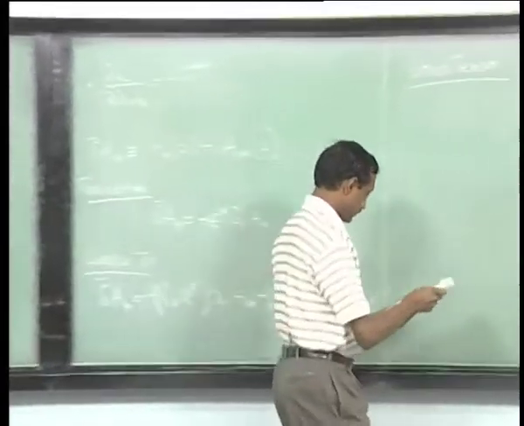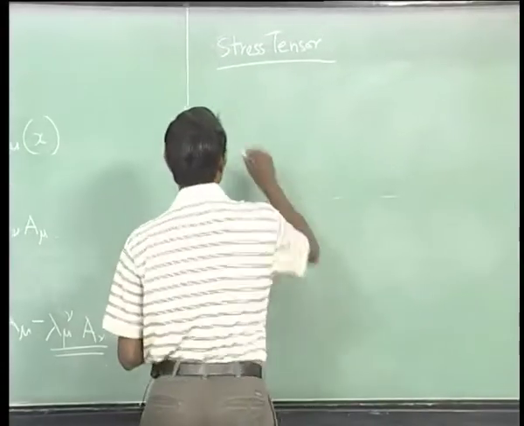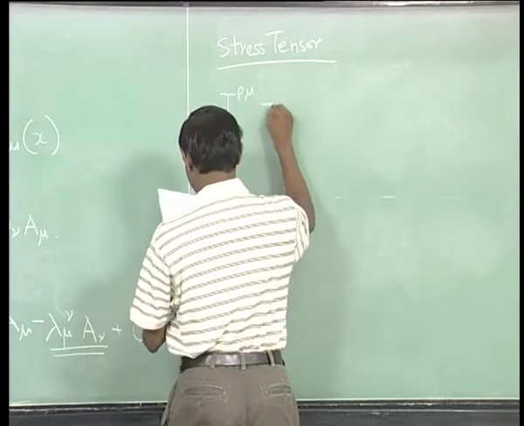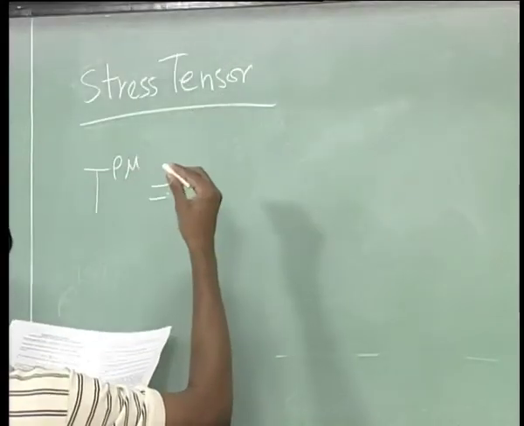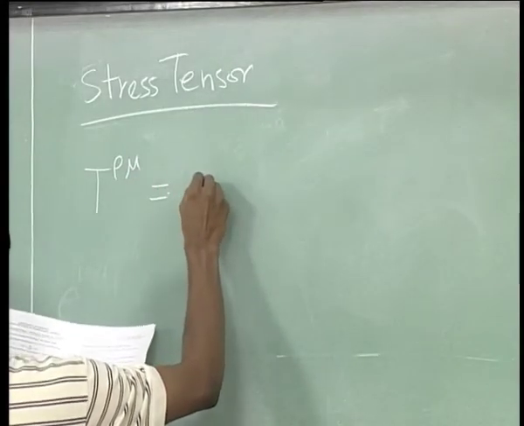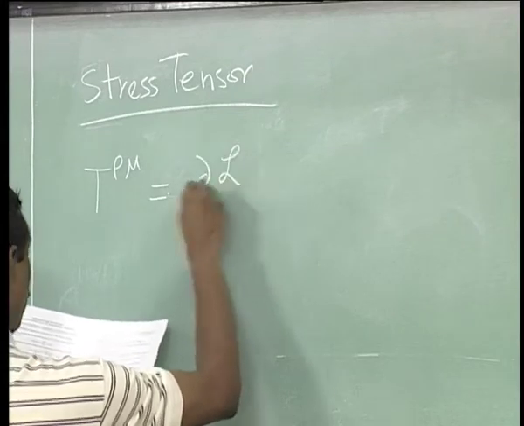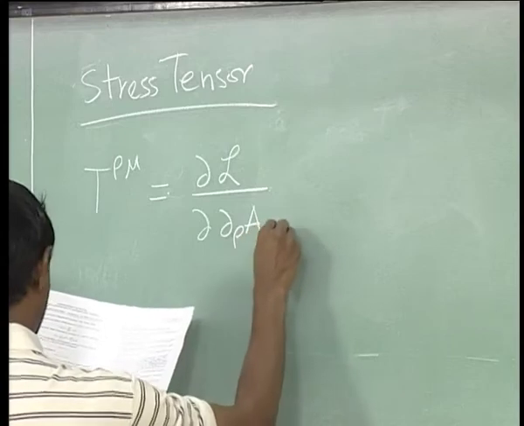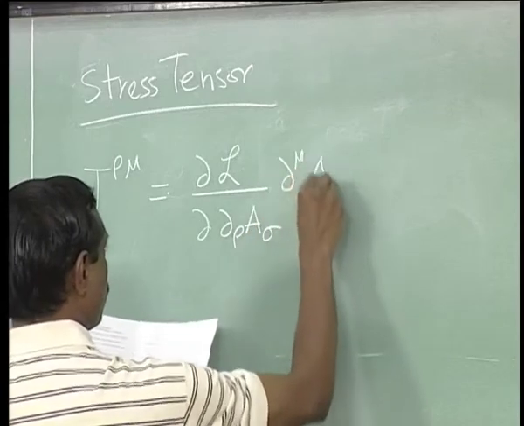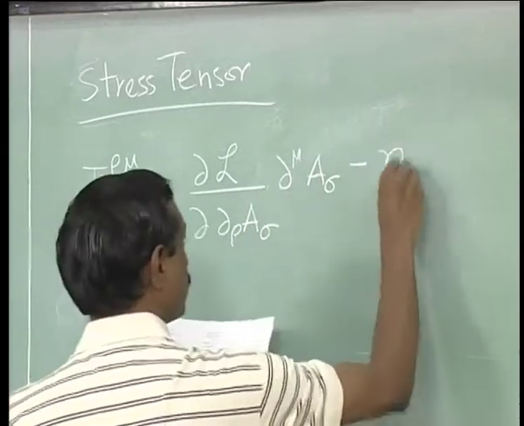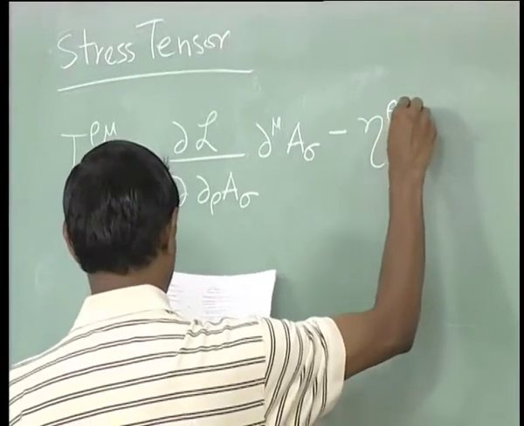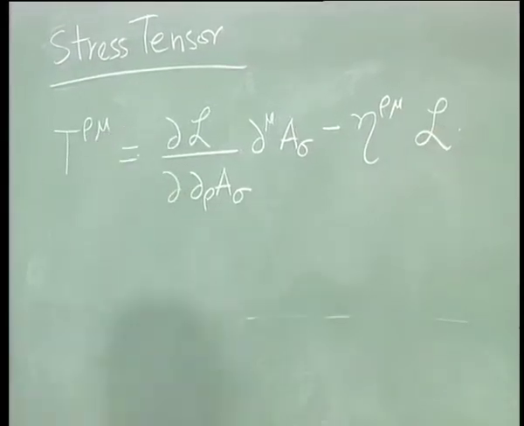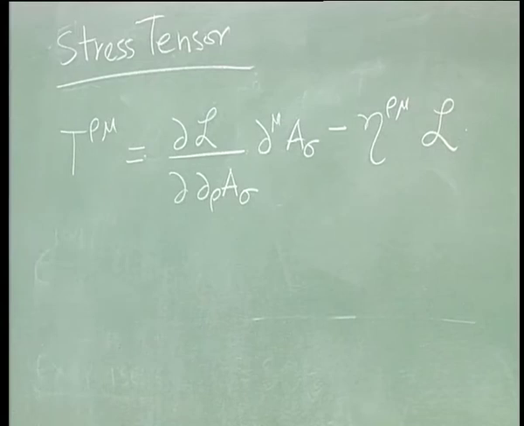So what you get is T rho mu equal to, okay.